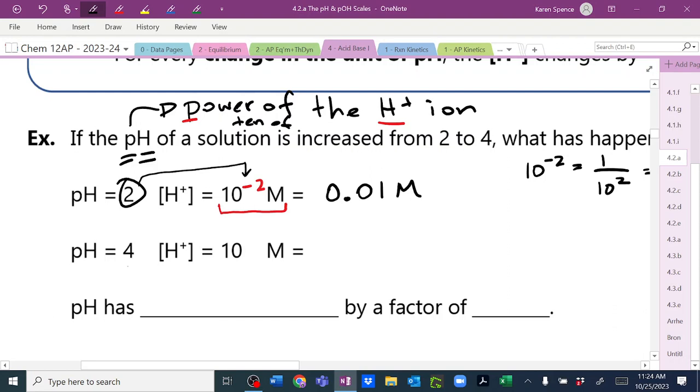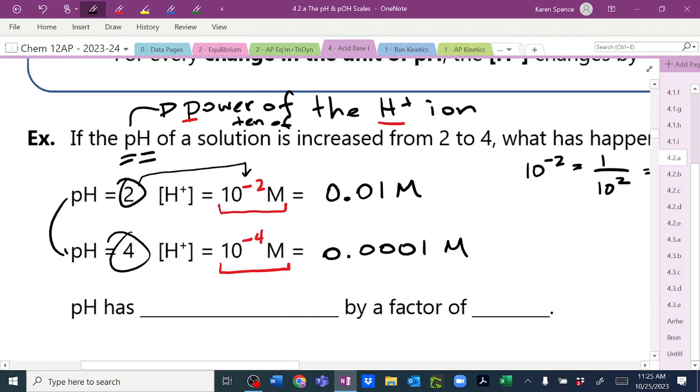If pH is 4, what is the concentration of the hydrogen ion? 10 to the negative 4 molar. And what is 10 to the negative 4 in decimal format? 0.0001 molar.